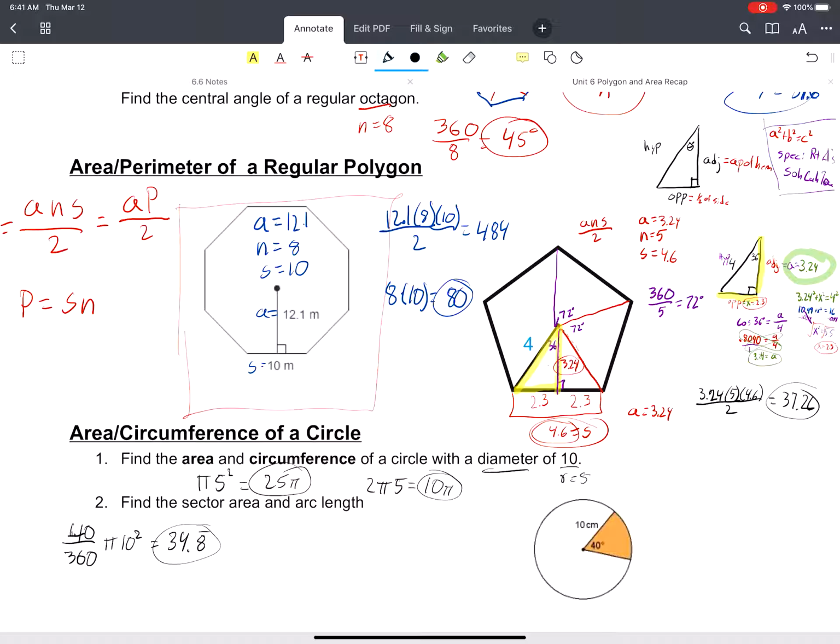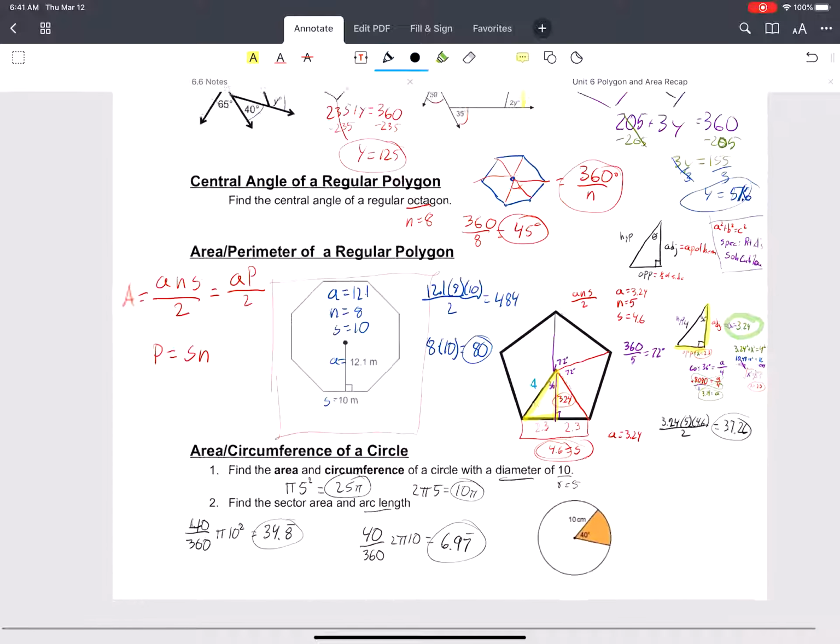If you wanted to leave it in terms of pi, that would be completely fine. Arc length is our measure of our angle over 360 times 2 pi r. In this case, r is 10. If we multiply those all together, 40 divided by 360 times 2 times pi times 10, we get about 6.97, and the 7 is repeating.